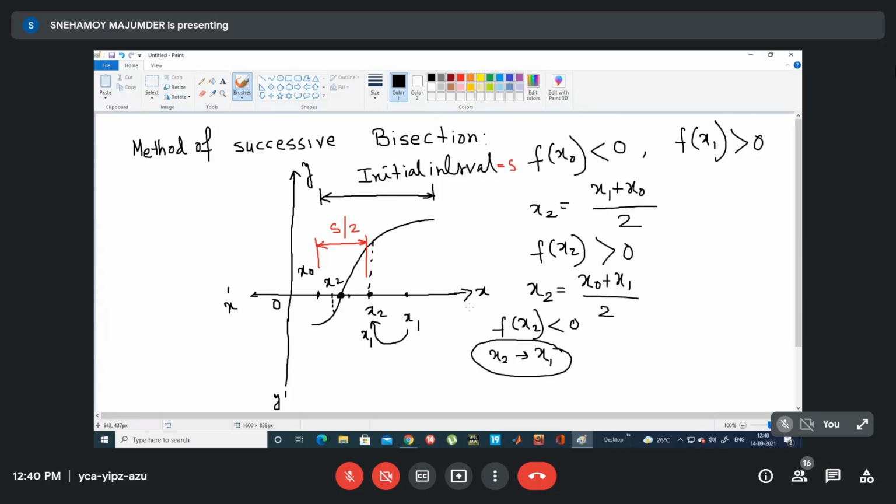When I find that the difference between the previous x2 and the present x2 is a very small value, and f(x2) is also coming almost 0, then that is my solution, and this is called the bisection method.